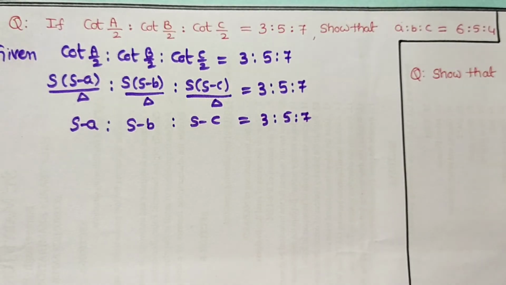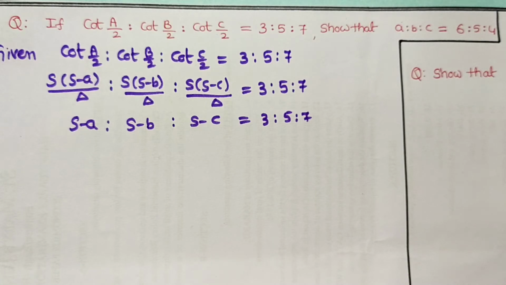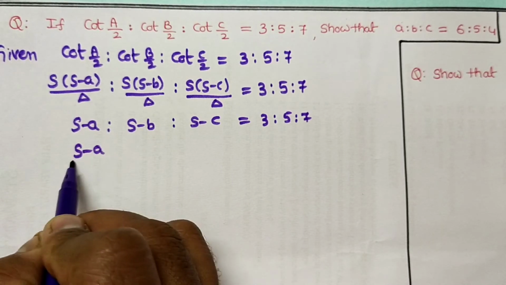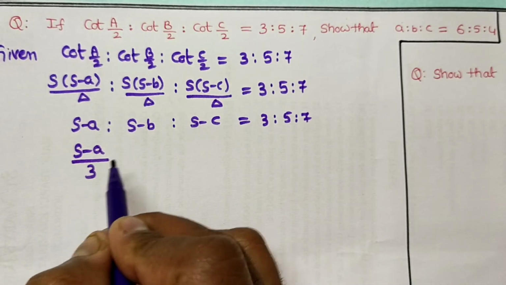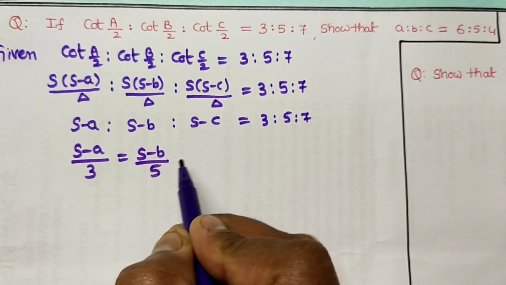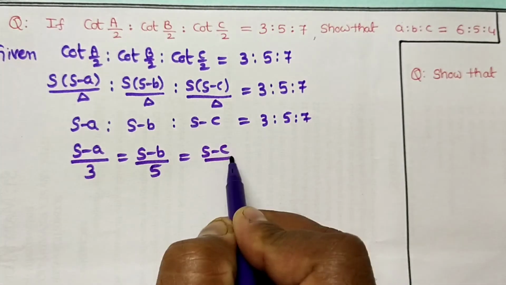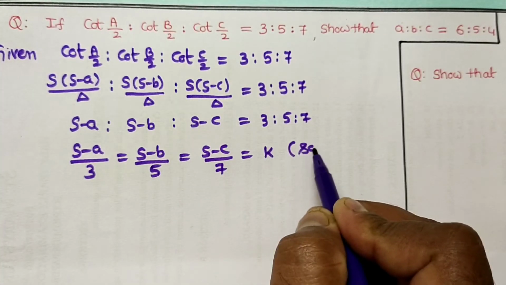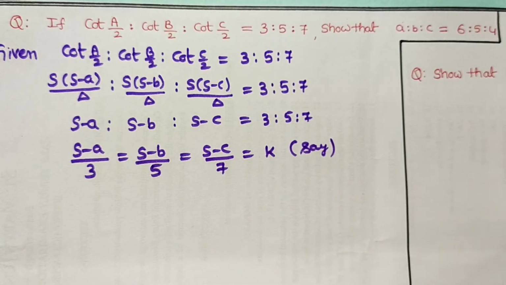Whenever A is to B is to C equal to K is to L is to M, we can write as A by K equal to B by L equal to C by M. So similarly, S minus A divided by 3, which is equal to S minus B divided by 5, which is equal to S minus C divided by 7, which is equal to some k, we are assuming that they are in proportion.